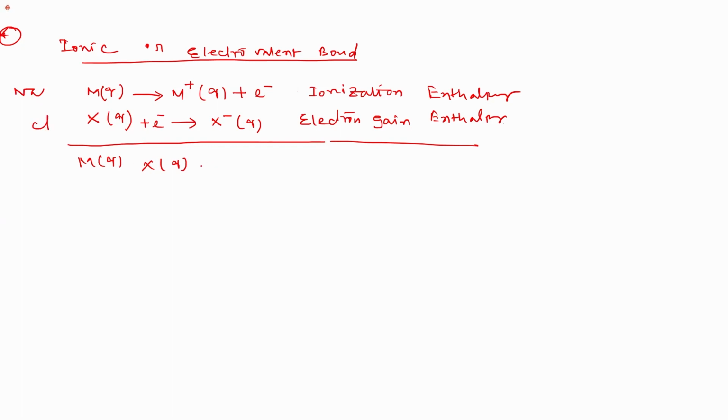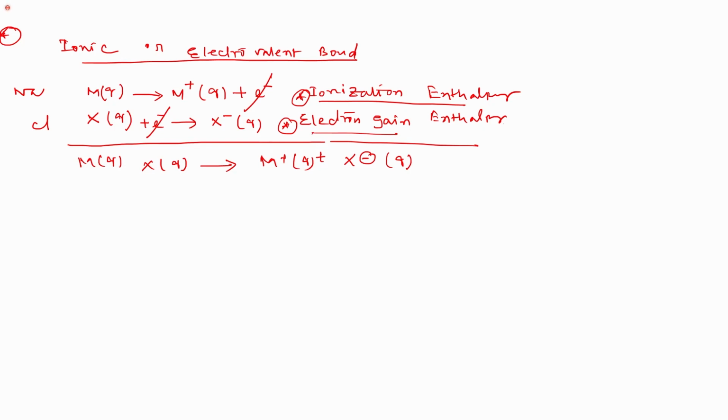So NaCl is forming, but it is ionized as M plus in gas, so these electrons are cancelled here, and X minus is also formed. So there are 2 factors: one is the ionization enthalpy, another is the electron gain enthalpy. Ionization enthalpy happens when it is ionized, meaning 1 electron is released, but in electron gain enthalpy 1 electron is gained.